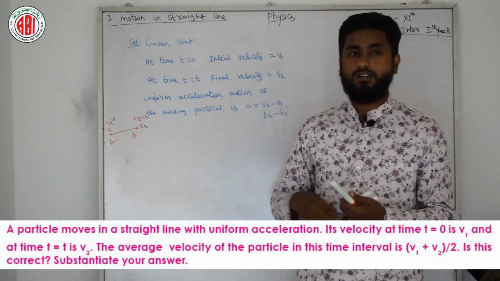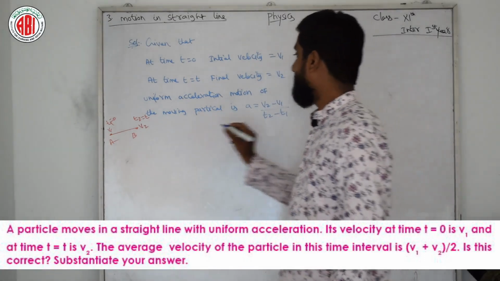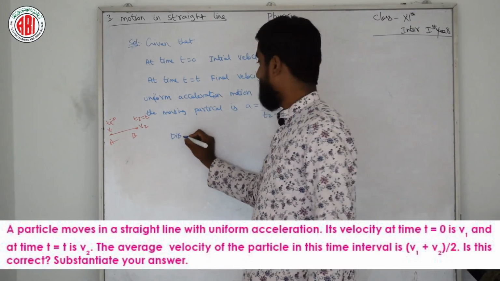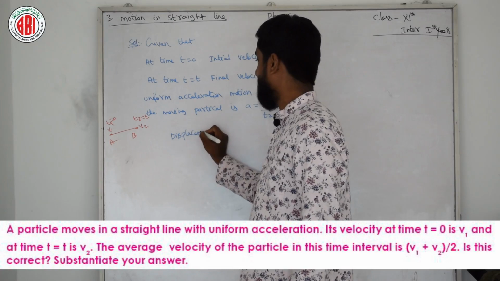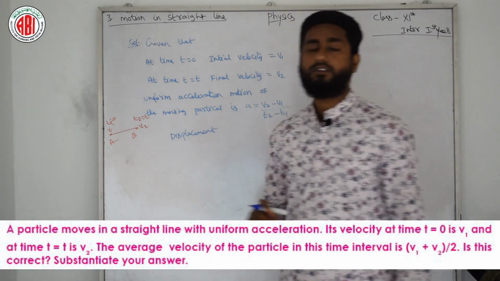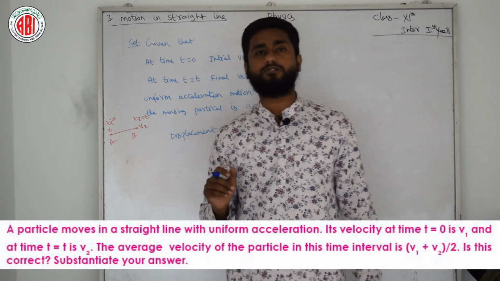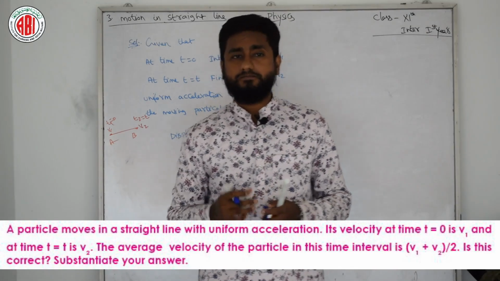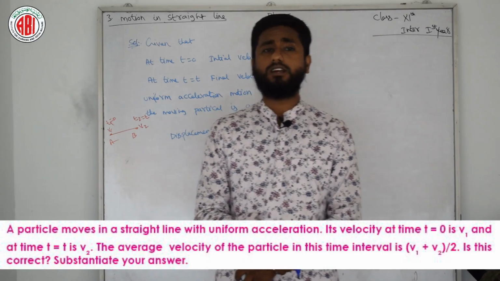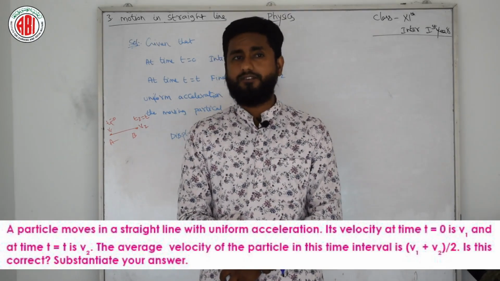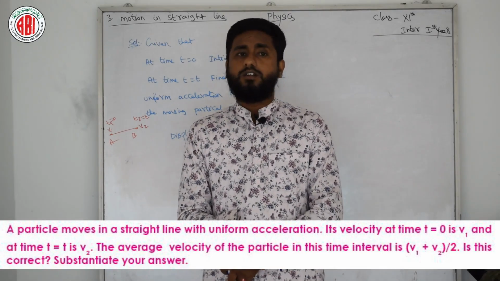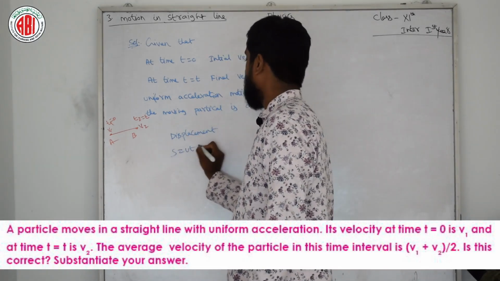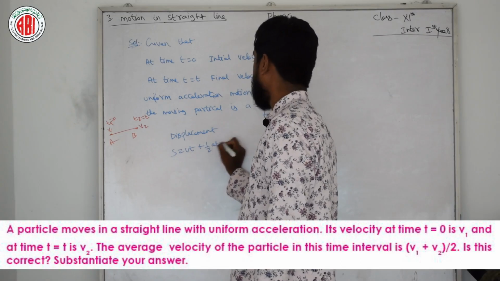Now we have one equation for displacement. For displacement we can use two types of equation: v square minus u square is equal to 2as, and s is equal to ut plus half at square. In this case I am using s is equal to ut plus half at square.